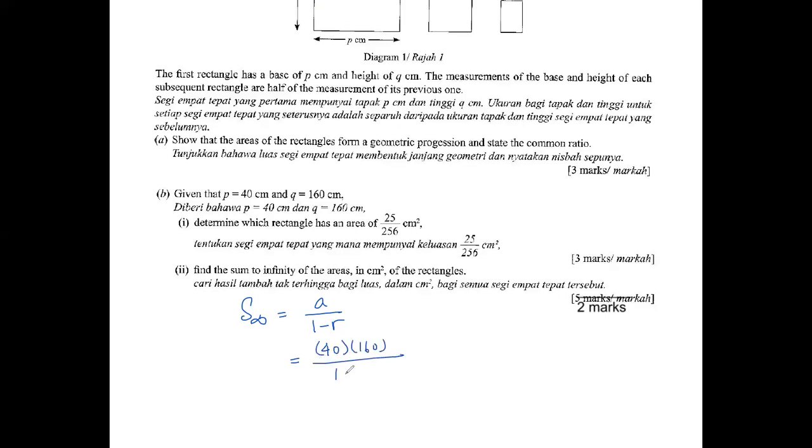A divided by 1 minus r, where r is 1 over 4. After that, use a calculator, and you may get this answer: 8,533 and 1 over 3 cm squared. All right, that is the question.